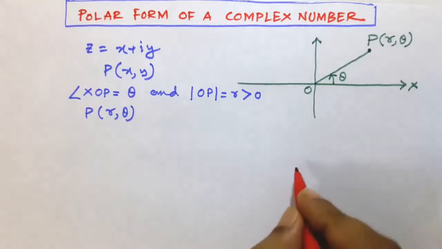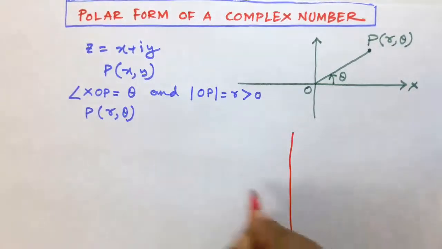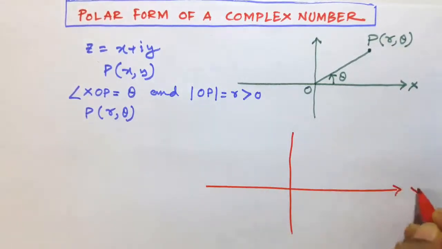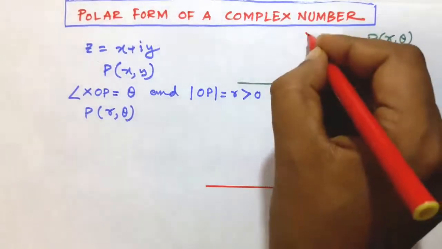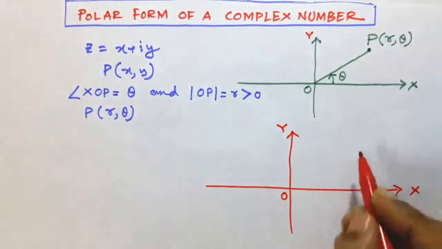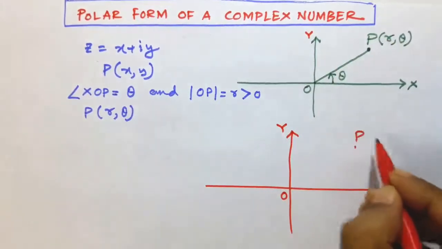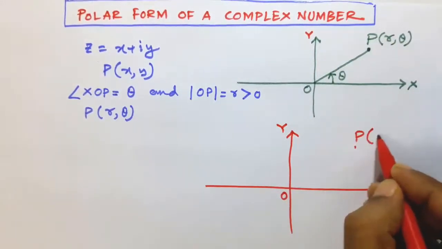Now we again draw the Argand plane, origin O, y-axis. Let P be the point whose coordinate is (a, b).